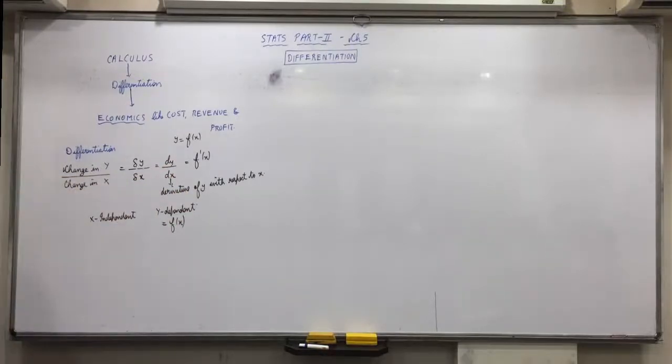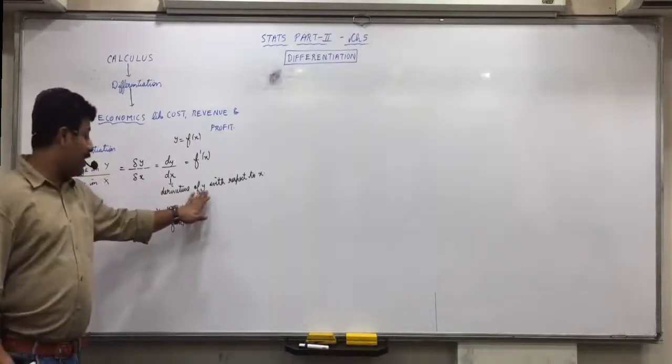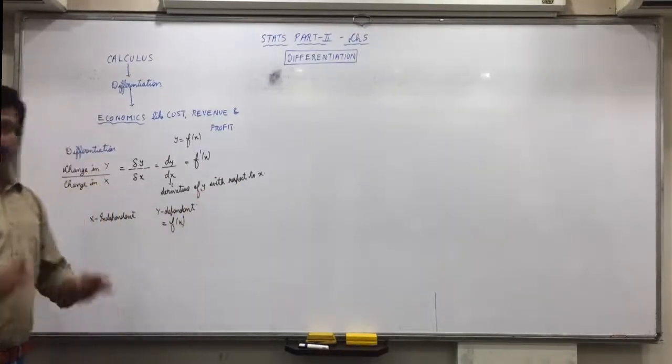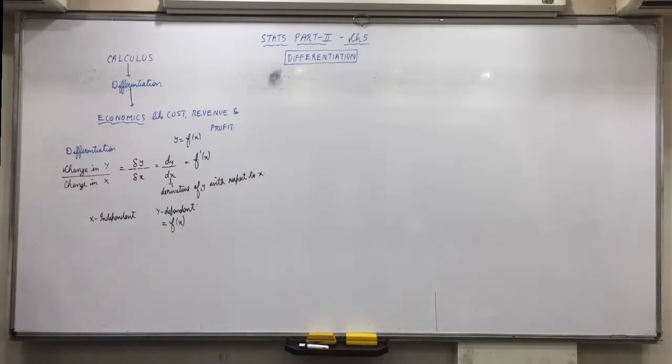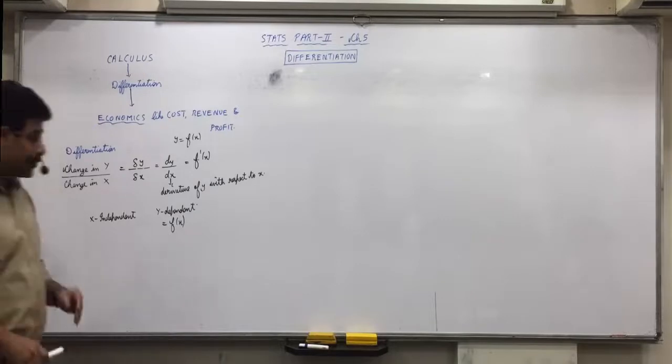Did everyone of you understand it? But the meaning is change in y upon change in x. So you can say that differentiation is a technique of finding change in y due to change in x, or you can say differentiation is a technique of finding derivative of y with respect to x. Both mean one and the same. Is everyone okay with this? So write down the meaning first.